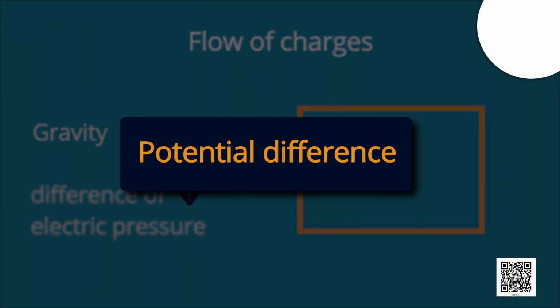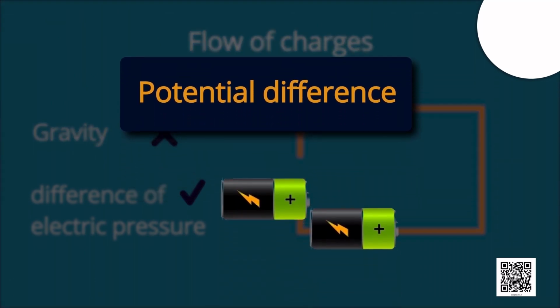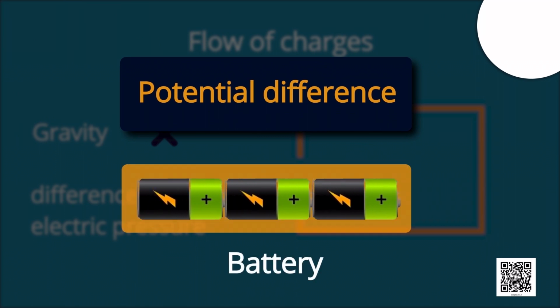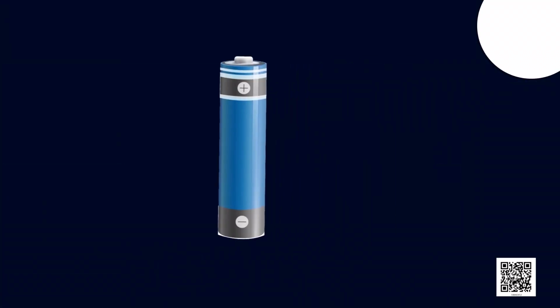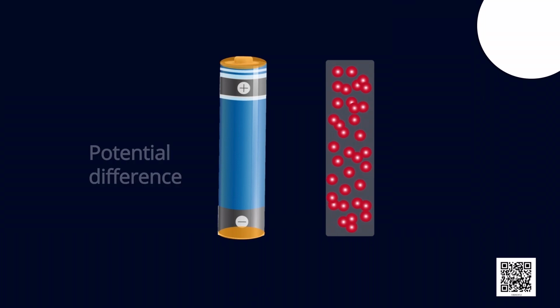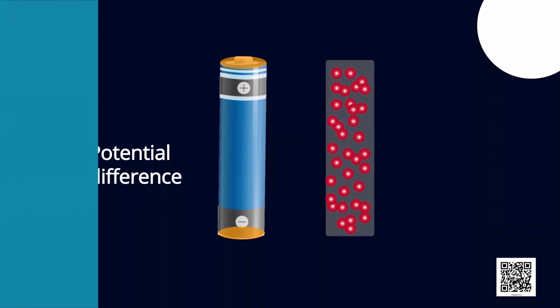This potential difference may be produced by a battery consisting of one or more electric cells. The chemical action within a cell generates the potential difference across the terminals of the cell, even when no current is drawn from it.